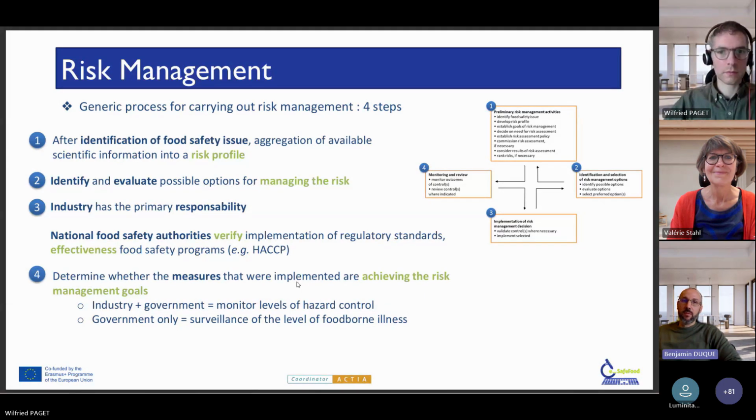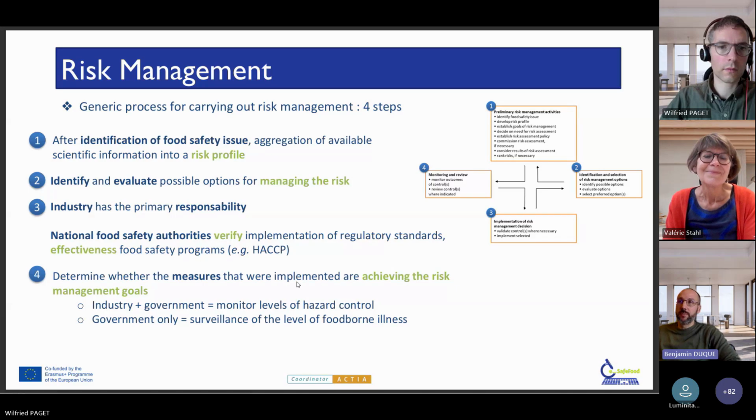The first step of risk management is the preliminary risk management activities. Basically, the idea is to identify food safety issues and to gather scientific information into a risk profile, for example, salmonella in meats. The second step of risk management is to identify and evaluate the possible options for managing the risk.